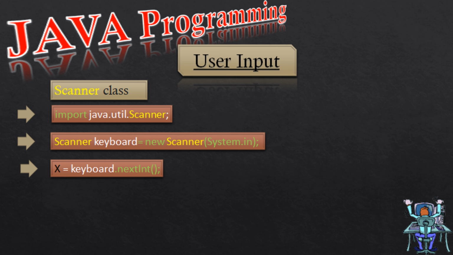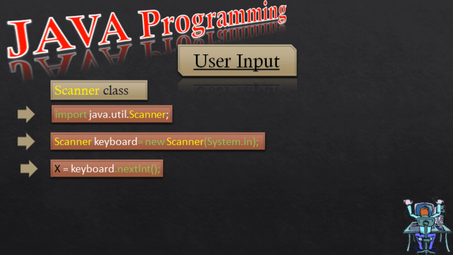This new variable for the input, we assign it like in this example: x equals keyboard, keyboard meaning the object, so it's like the connection between x and the user, dot nextInt, followed by parentheses and a semicolon. Don't forget, very important, when you write nextInt, make sure Int is with a capital I, otherwise it's not going to work.